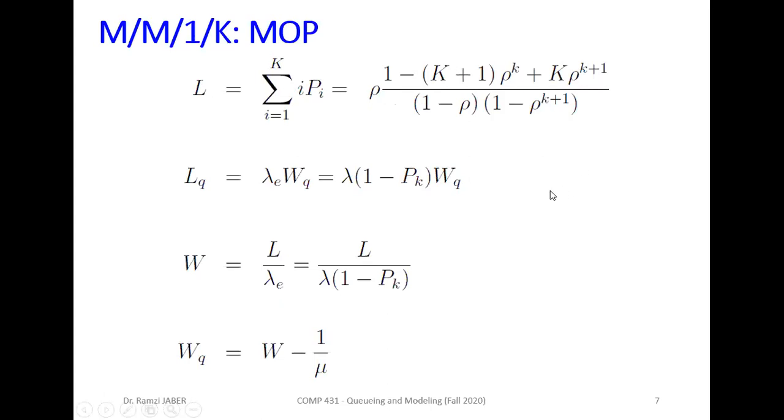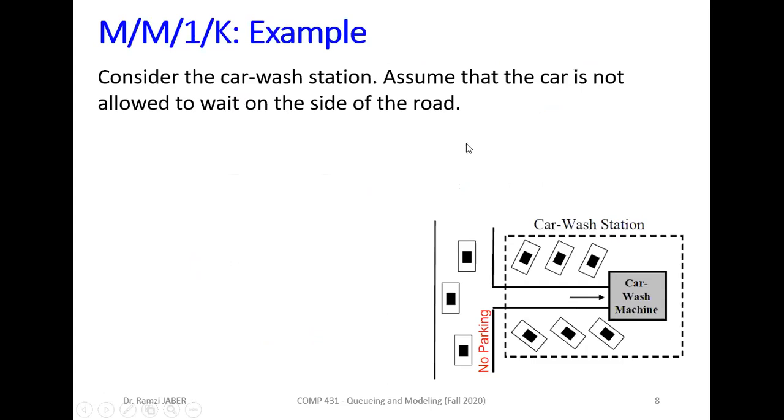Now, example. Consider the car wash station here. Assume that the car is not allowed to wait on the side of the road. Only 6 cars can wait inside the station, so here we have limited capacity.